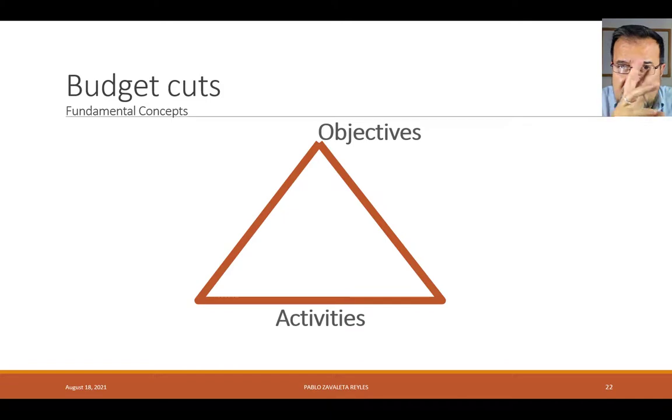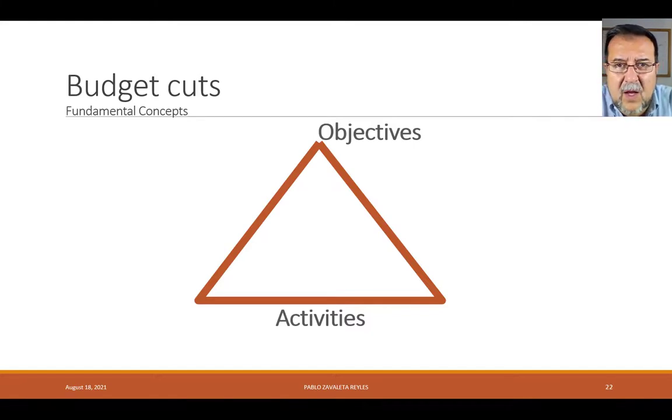The results tree can be very grossly represented as a pyramid. At the pinnacle are the objectives that we need to comply with, and at its base are the activities.